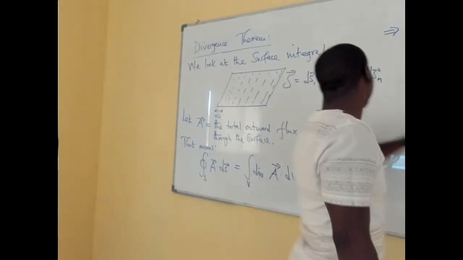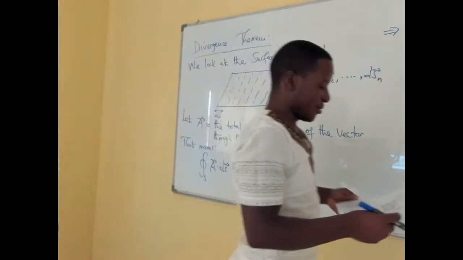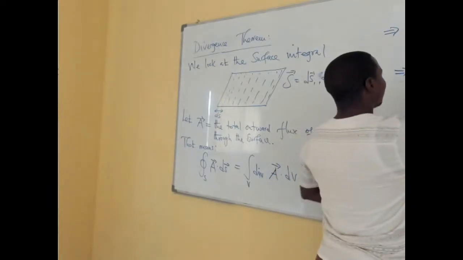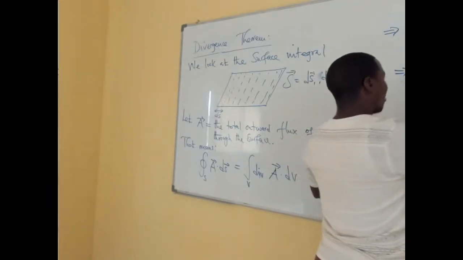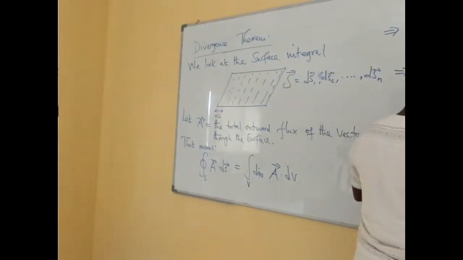That is what the divergence theorem is all about. The double integral of A dot ds must be equal to the triple integral of the divergence of A dv.